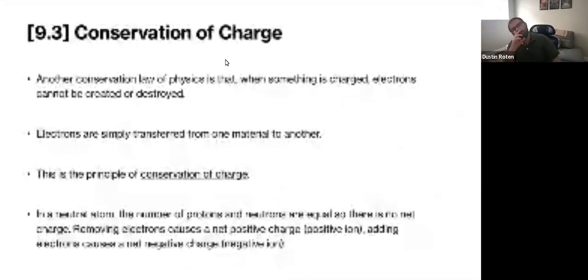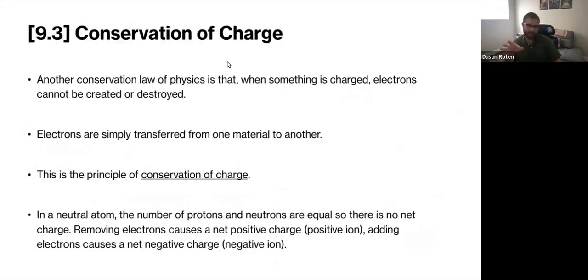Now, we've talked about these charges and where they live, so to speak. So now we need to talk about a new idea of conservation of charge. So just like conservation of momentum, conservation of energy, the first law of thermodynamics, the second law of thermodynamics that sort of build on that foundation, there is a conservation of charge.